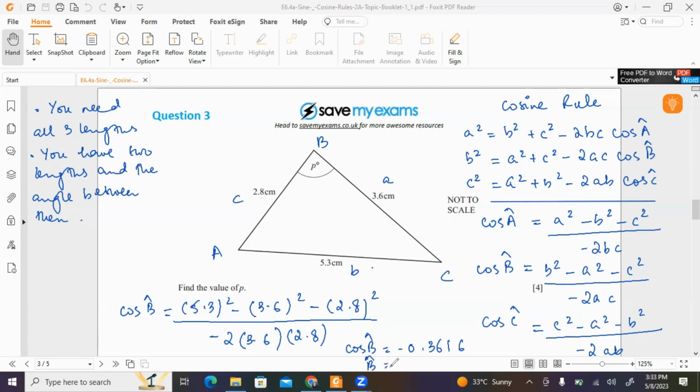And then you take cos inverse of that. When we take cos inverse of that, that gives 111.2. So 111.2 degrees is your value of P.